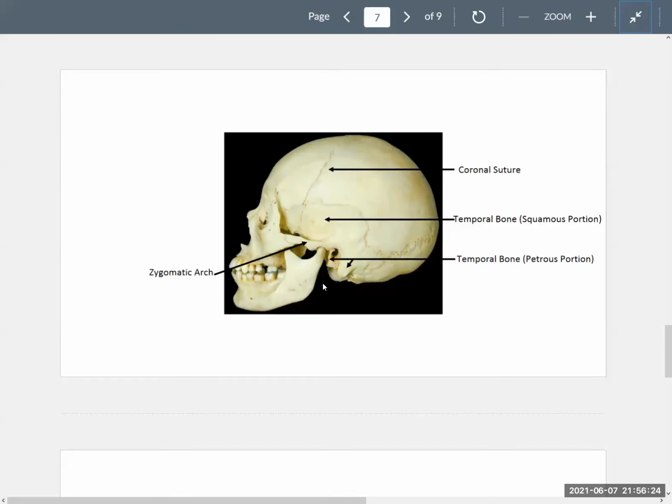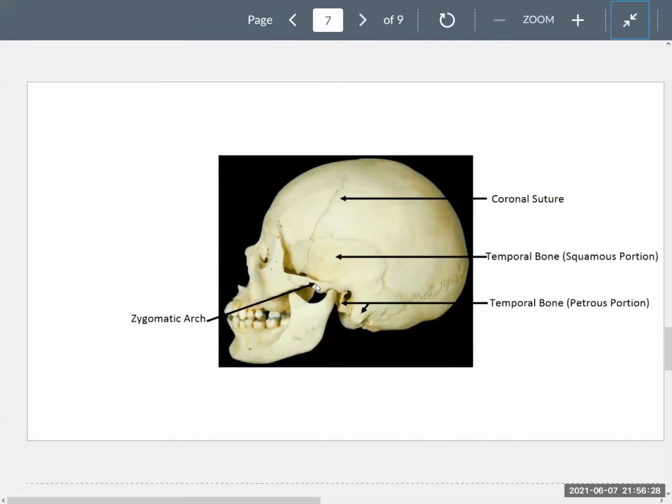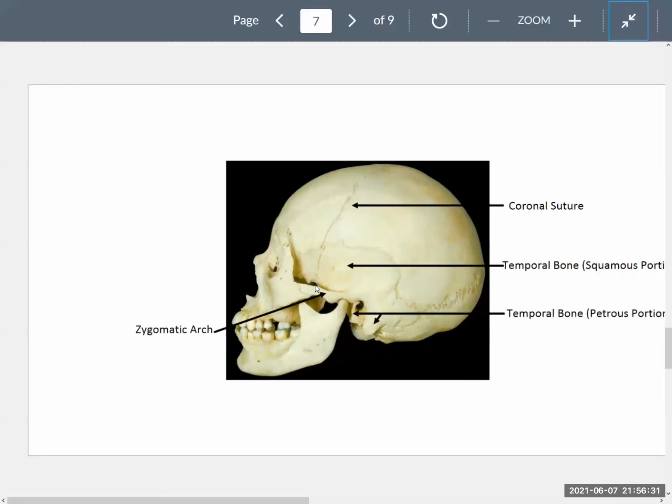Here's a question that has stumped so many people, or at least caused them to lose a point. Here's the temporal bone, okay? From the mastoid process down here, up here, all the way around to here, there's a flat part.